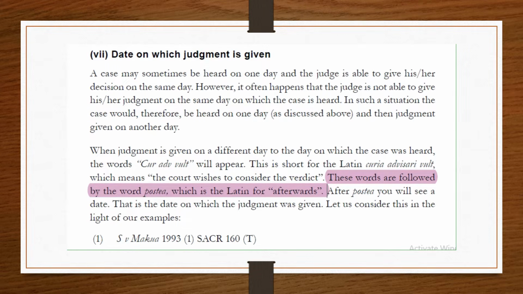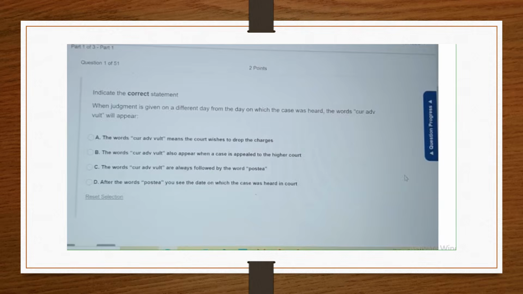This is short for the Latin curia advisari vult, which means the court wishes to consider the verdict. These words are followed by the word posterior, which is the Latin for afterwards. So option C is the correct answer. There we have our option C right there. The words are always followed by the word posterior.